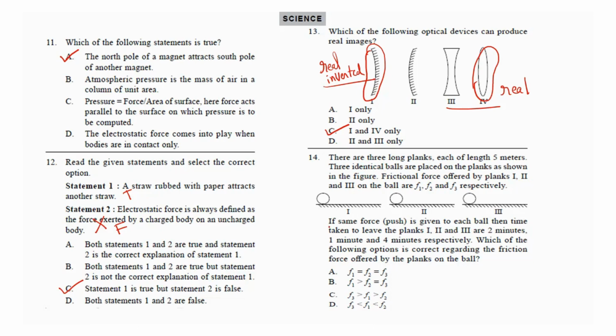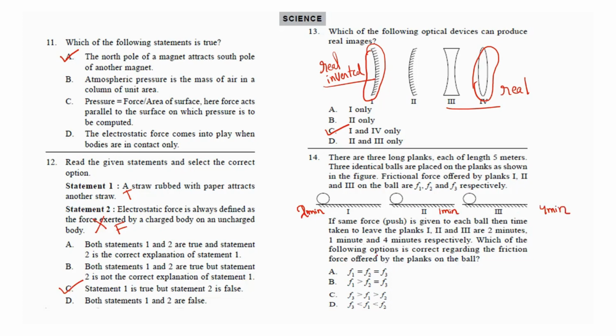If the same force is given to each ball, then the times taken to leave planks 1, 2 and 3 are 2 minutes, 1 minute and 4 minutes. So in plank 1, the ball takes 2 minutes to cross the plank. In plank 2, it is taking 1 minute, and in plank 3, it is taking 4 minutes, right?